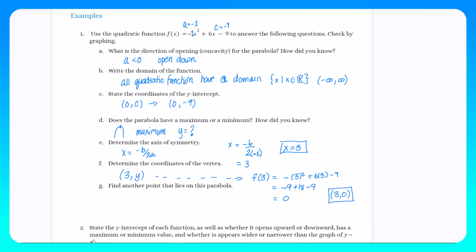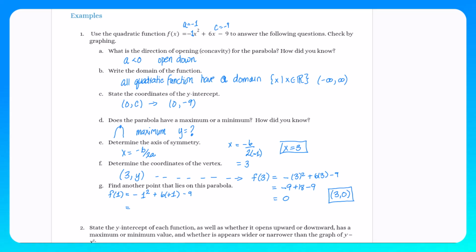And find another point that lies on the parabola. Well, we get to pick any point we want. Let's find f of 1. So in other words, when x equals 1, 1's a nice easy number. I like everything to be as easy as possible. Don't make things harder than necessary. So I have negative 1 squared plus 6 times 1 minus 9.